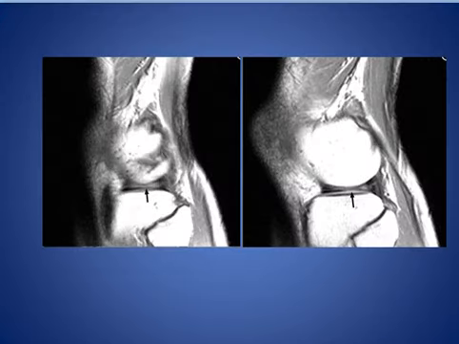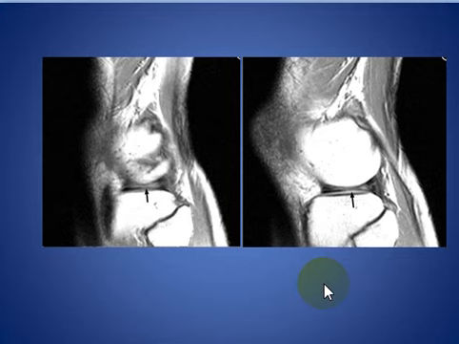Here we see multiple T1 weighted sagittal images, and we see soft tissue intensity between the anterior and the posterior meniscus, and there is loss of the normal bow tie appearance of the meniscus in this region, and we call this sign absent bow tie sign, and this is a good sign for bucket handle tear of the meniscus.